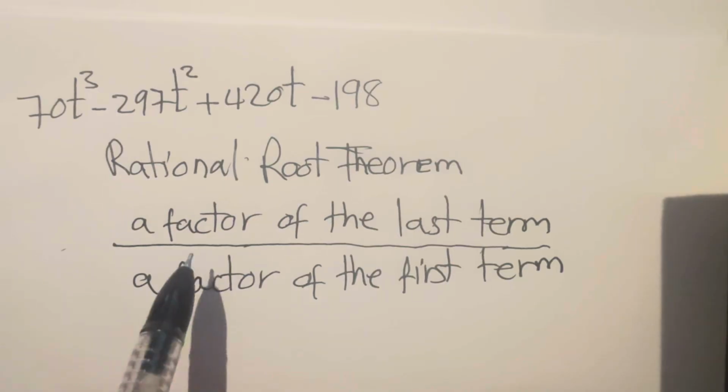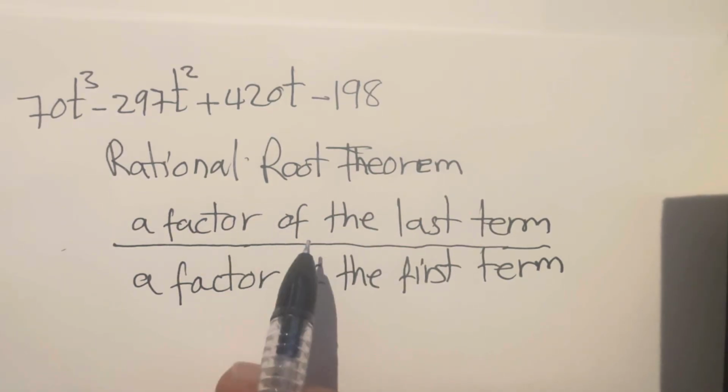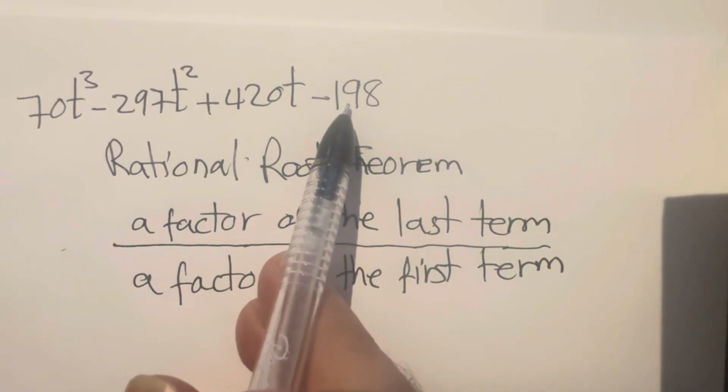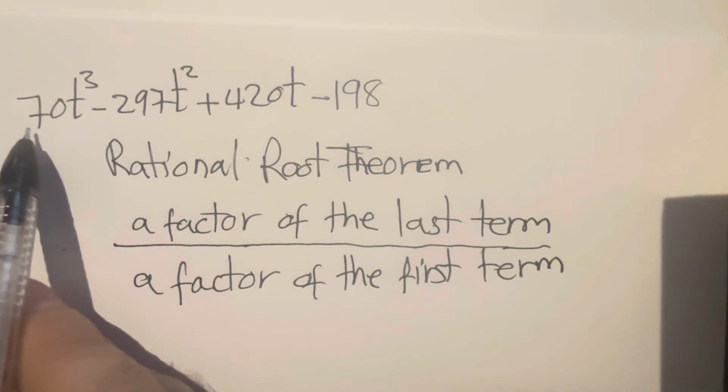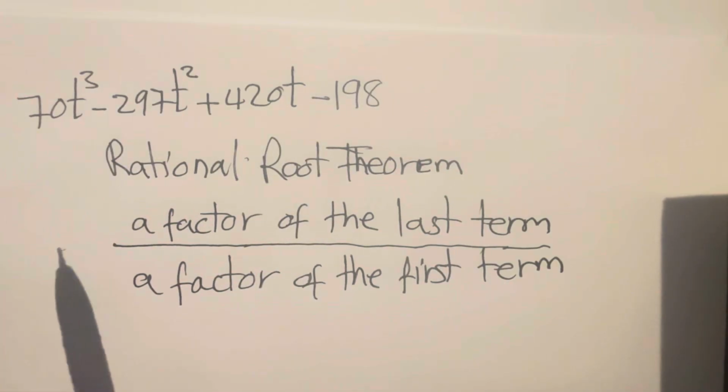So one factor divided by one factor, but remember the last term, which is 198, and the first term, which is 70, have so many factors.